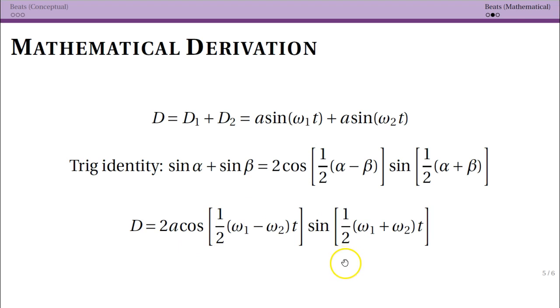So the reason that this is interesting is you notice that now we have two functions that both depend on time. So our overall amplitude now is 2a, but then we have this function which depends on our difference, and then this function that depends on our sum.